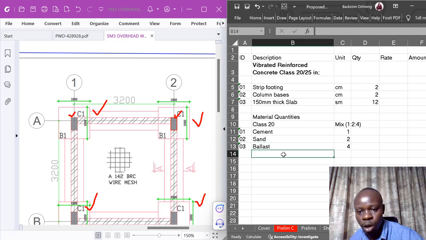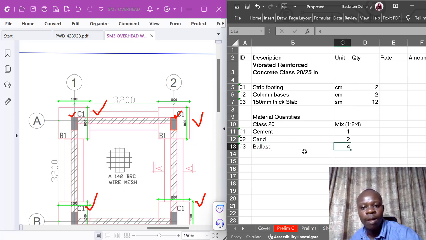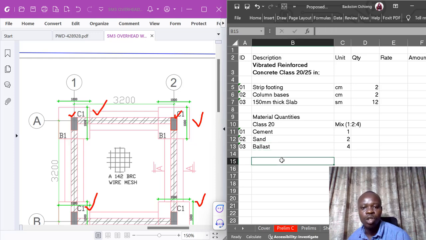Moving on, the type of batching should be our next question. In many cases, we do volume batching because it's the most common and most convenient on site. We normally batch according to volume.